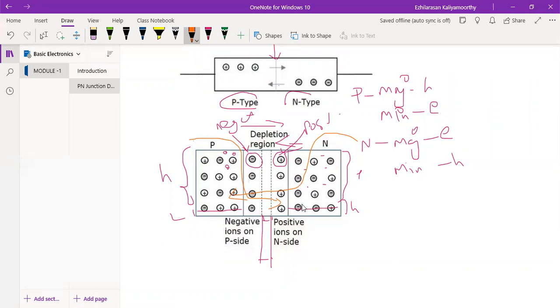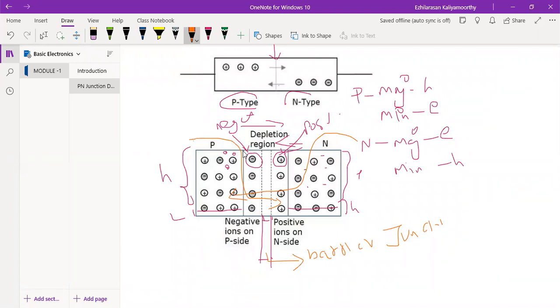Now this region, a barrier between the P and N type material, is also called the barrier junction. It has another name as well, that is the depletion region.